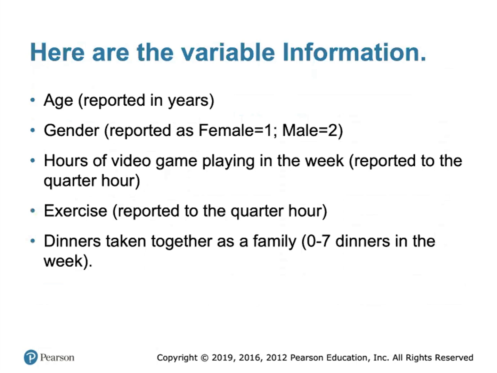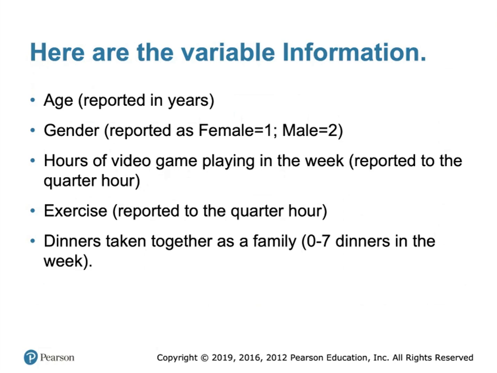So here is some variable information for our method assignment. For the first variable, age, that's reported in years, and gender reported as female 1, male 2, and hours of video game playing, that's reported to the quarter hour, and exercise reported to the quarter hour again, and dinner taken together as a family, that's 0 to 7 dinners in a week, right?